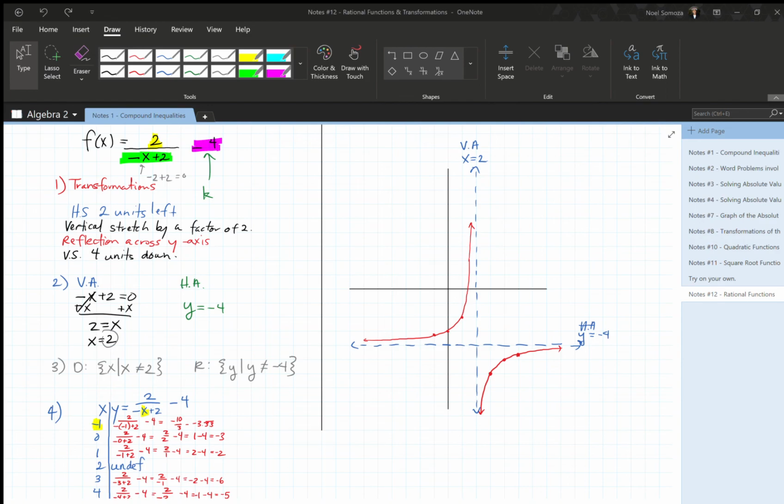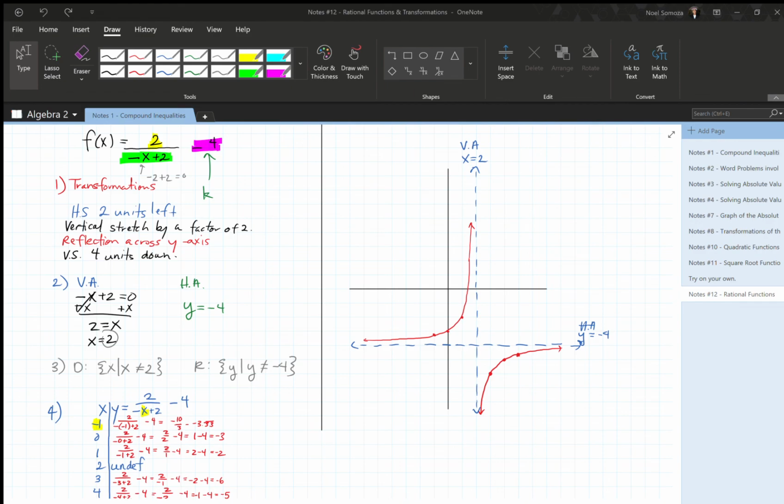So again, we're just doing a quick sketch. We're not going to use a t-table here. That means my curve on the other side has to be roughly something like that. So that's good enough for now, in terms of graphing without a t-table, using only the intercepts and the asymptotes.